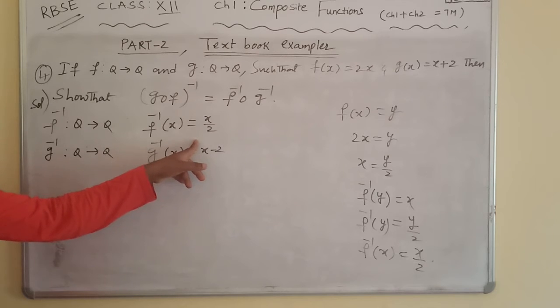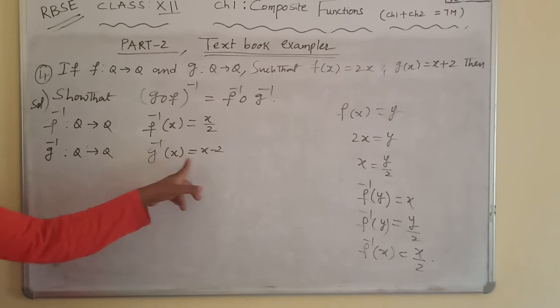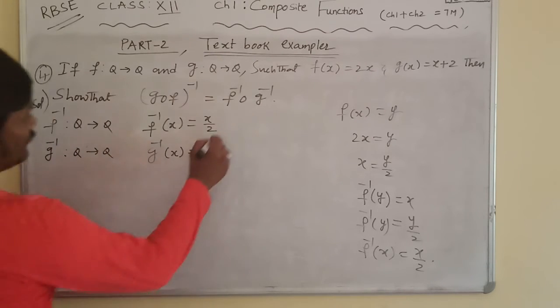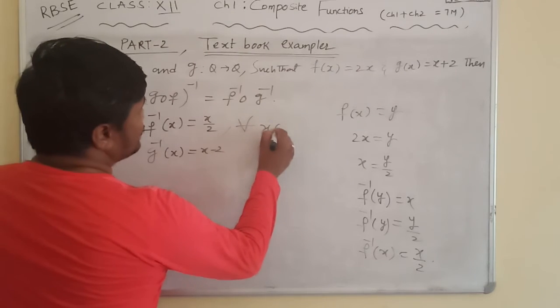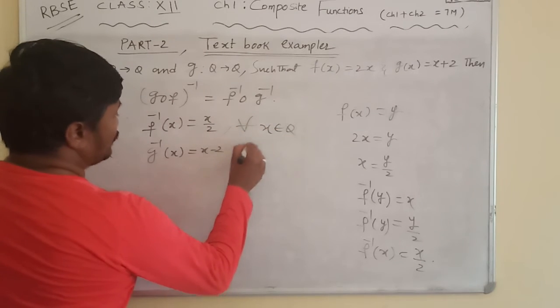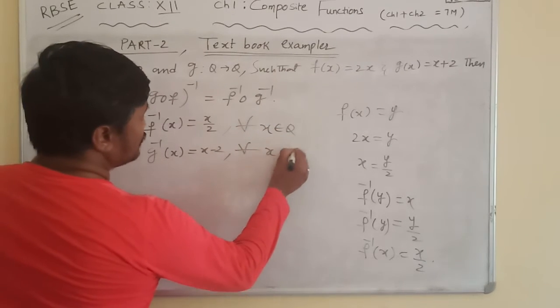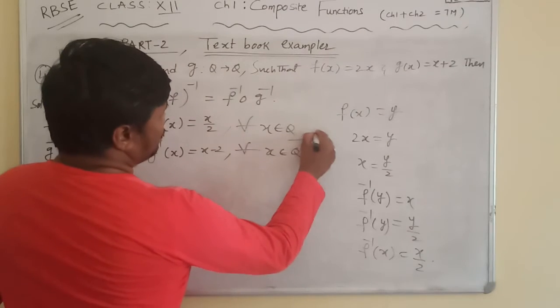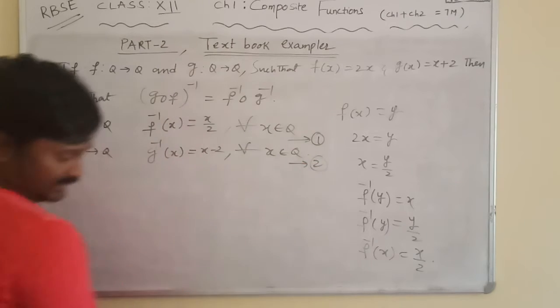Same method, similarly g inverse of x is equal to x minus 2. So that is about how you will find f inverse of x and g inverse of x, for every x belongs to Q. Here also for every x belongs to Q. So what we can say after that? This gives us equation number 1 and this gives us equation number 2.